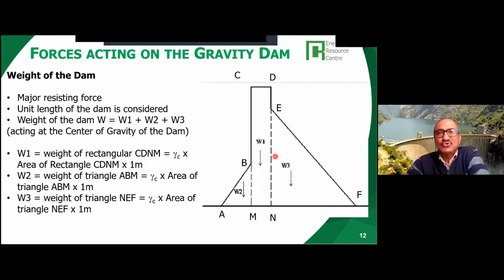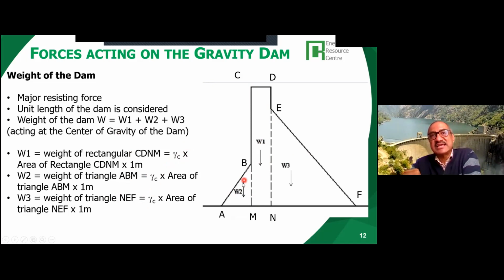So basically you find the weights W1, W2, W3 by section: you find the area for a unit length and multiply that by the specific density of concrete, then you get the total weight.